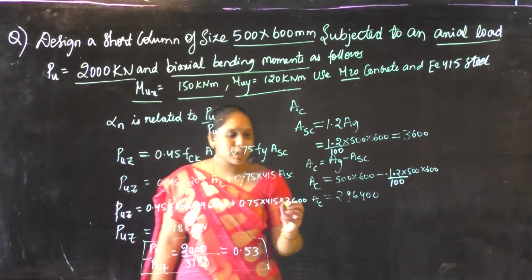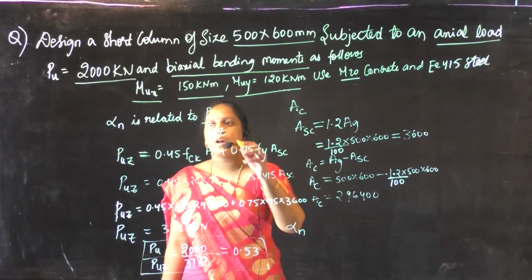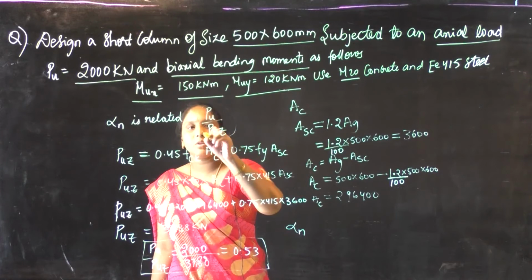Now what we have to calculate here? We have to calculate the alpha n value. So the alpha n value depends upon the PU by PUZ value.